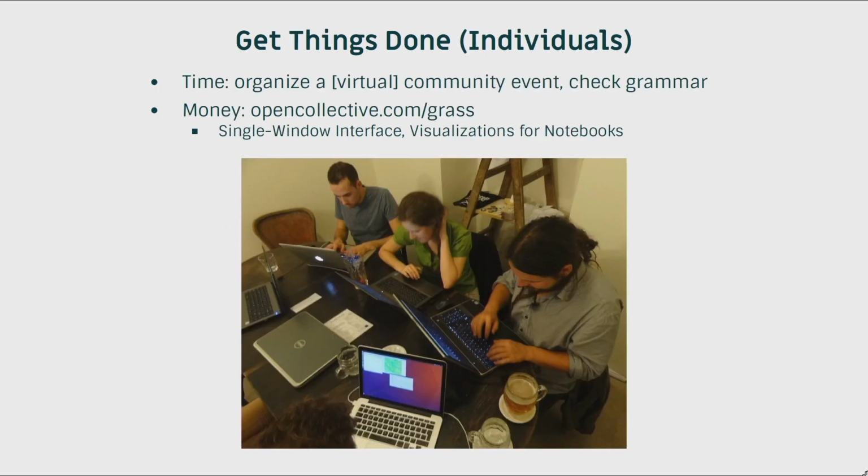And the next tip, get things done. If there is something you feel is not correct in GRASS, maybe it's a bug, maybe you are missing something, maybe you wish there would be something, there are ways how to get that into GRASS. For individuals, one thing I would suggest is to organize a community event.